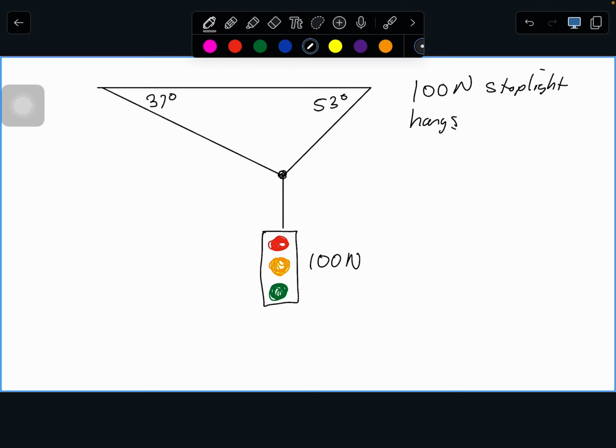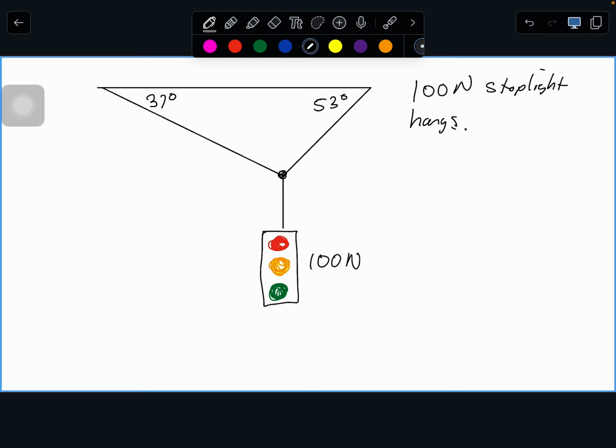Okay, it's at equilibrium. I'm just going to call it that. It's attached via the picture. Check out the picture. Those two cables are making those angles of 37 and 53 from the horizontal. Find the tension in each of the three cables. You got to find the tension in all three cables.